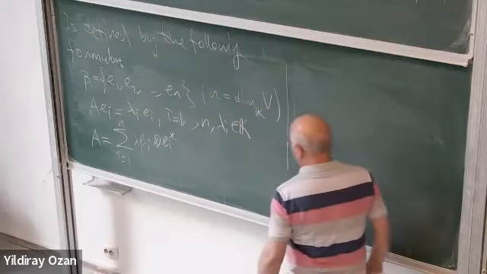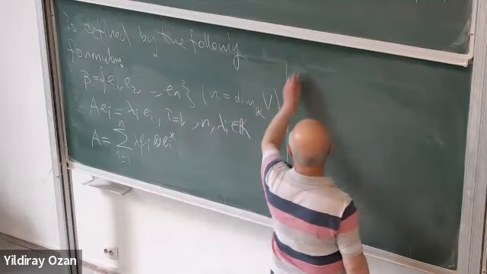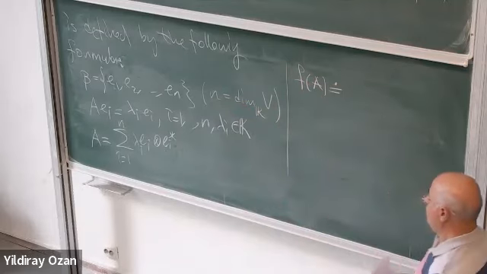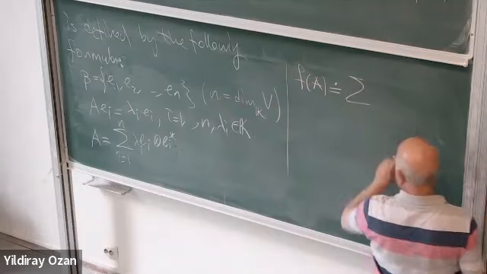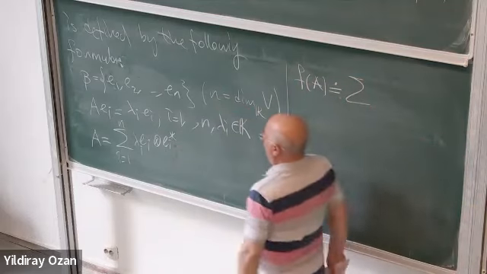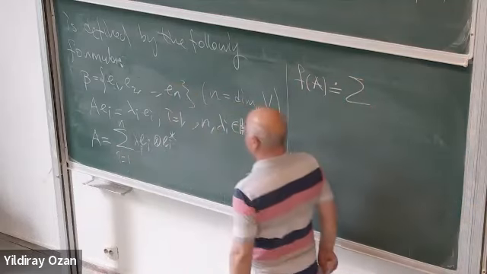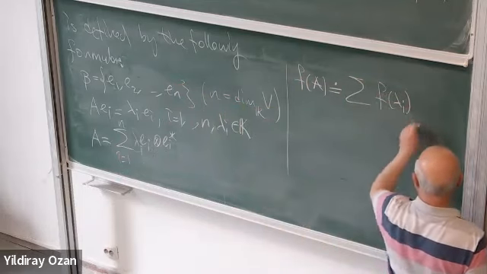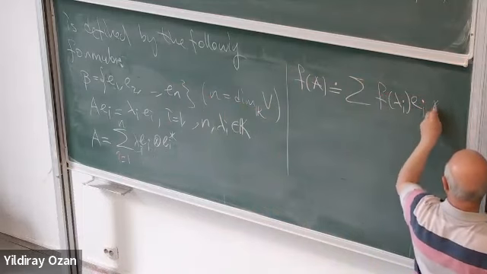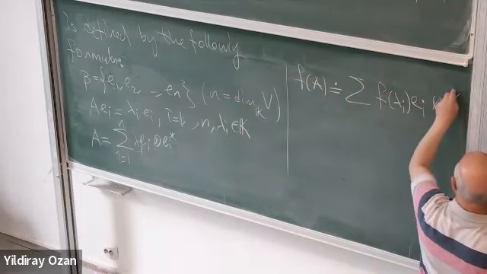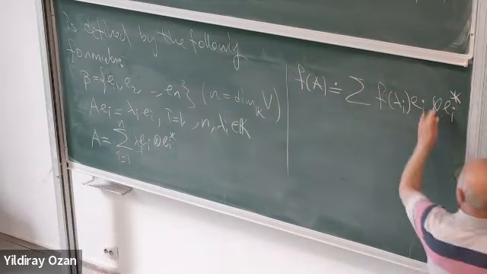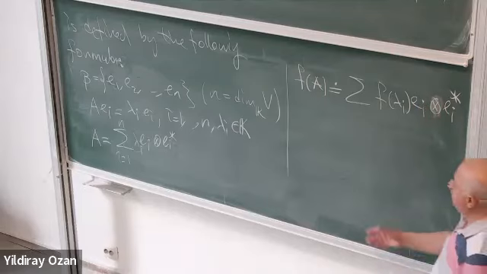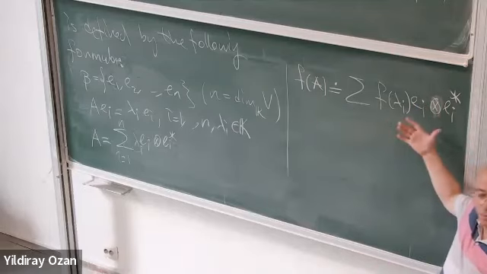So, for this operator, we define f of A as follows. So this is the definition. What we do is the following. We just put this lambda inside f, and then e_i and then e_i star.